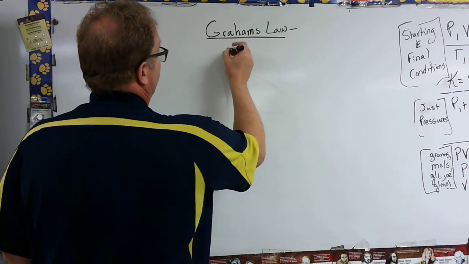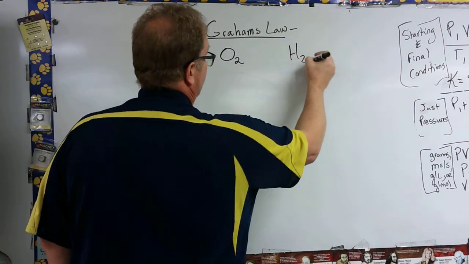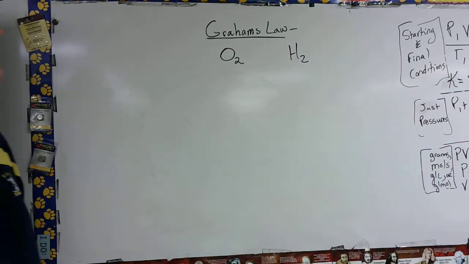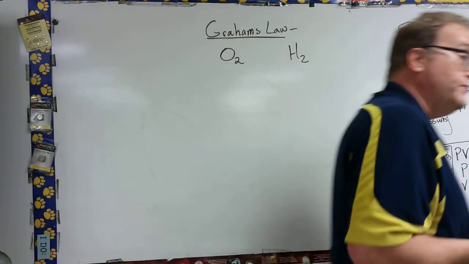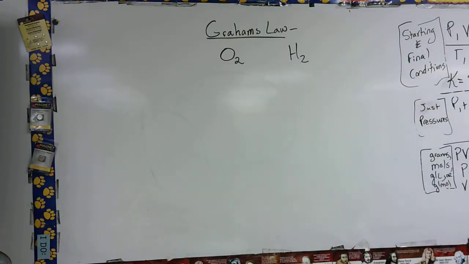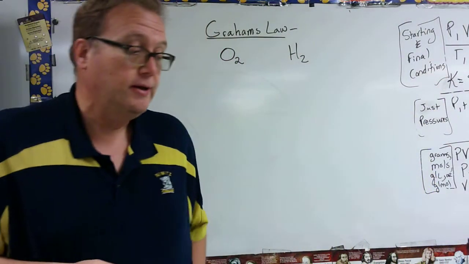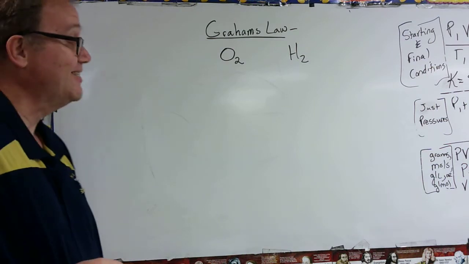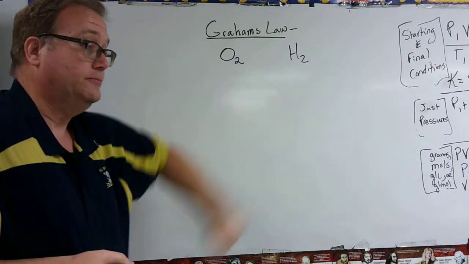So let's compare O2 and H2. If you have O2 and H2, you should expect that the heavier gas, which is oxygen, O2, is going to move slower than H2 because the mass is higher for O2 than this one.